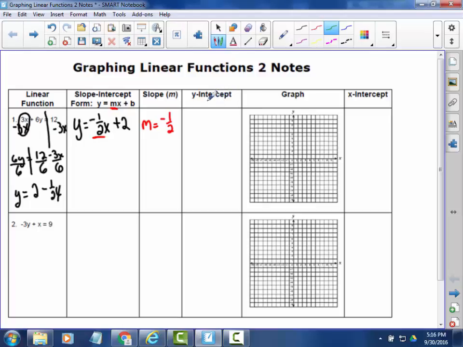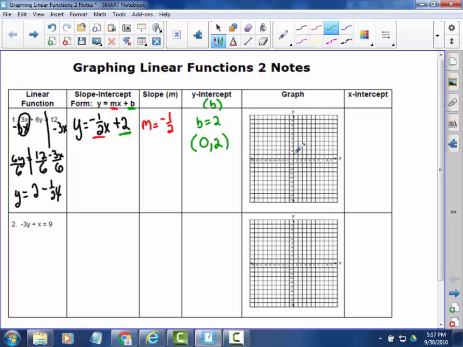Likewise, the y-intercept, that's our b, is found being added or subtracted. It's the constant, and in this case it is positive 2. So since b equals positive 2, the y-intercept is found at (0, 2). Always 0 for the x. The 2 is because we found it's 2.